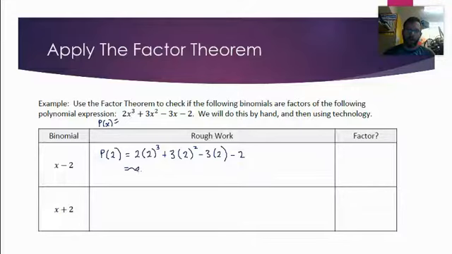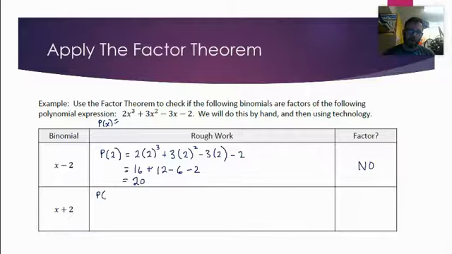So what do we get? That first term will be 16, plus 3 times 2 squared is 12, minus 6 minus 2, 28 minus 8, that's 20. So we don't get 0, and so x minus 2 is certainly not a factor.